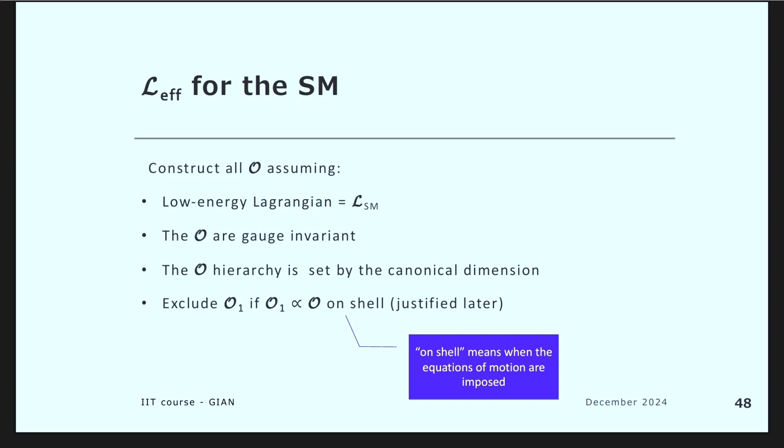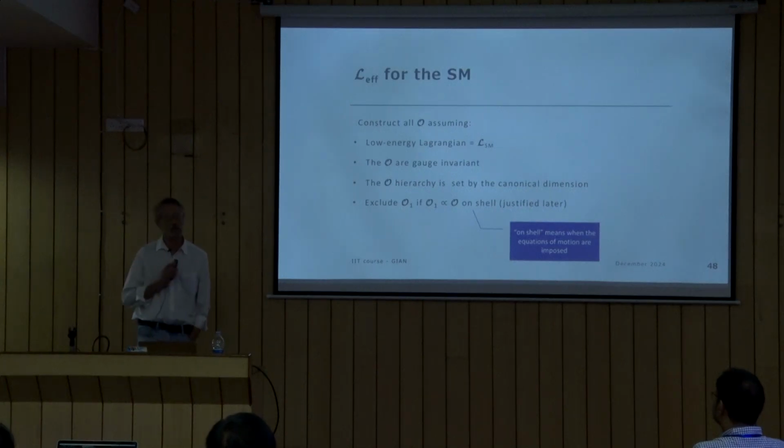Therefore, the appropriate expansion for the effective Lagrangian is in powers of 1 over lambda. I should say that later on in the course, I will refine that further to give a better estimate for the various coefficients. But at the moment, the basic expansion is in powers of 1 over lambda.